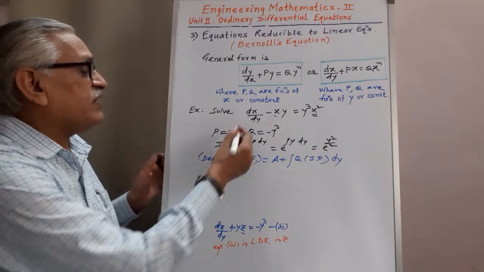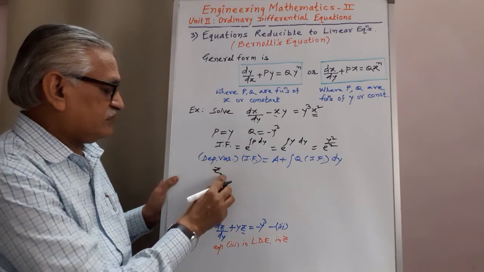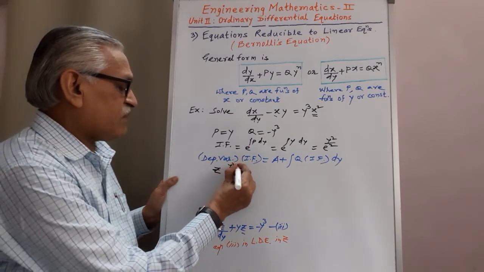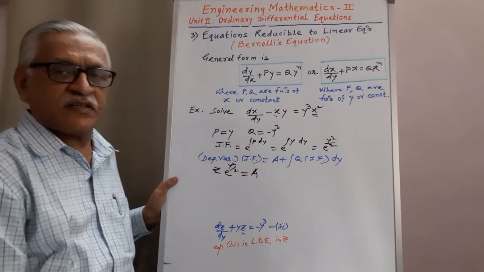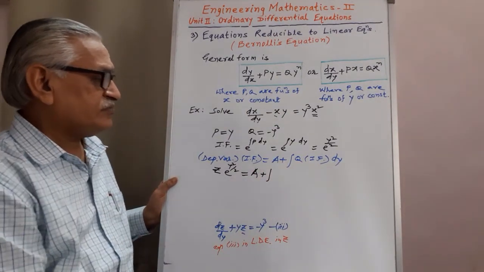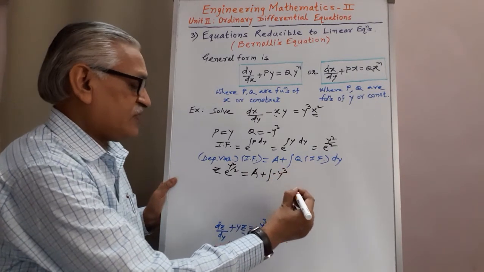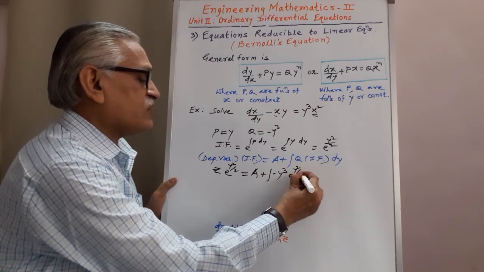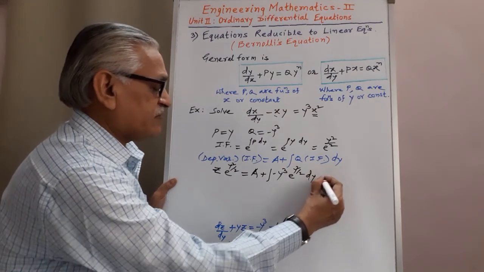And therefore, here the dependent variable is z. IF is e raised to y square by 2, equal to arbitrary constant A plus integration of Q. Q is minus y cube e raised to y square by 2, and its integration with respect to y.